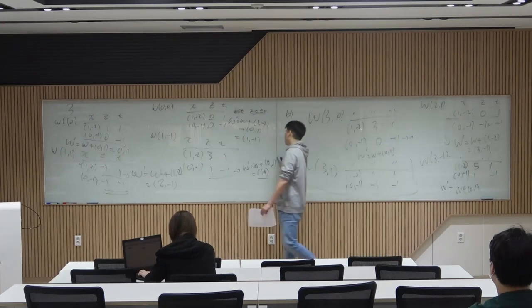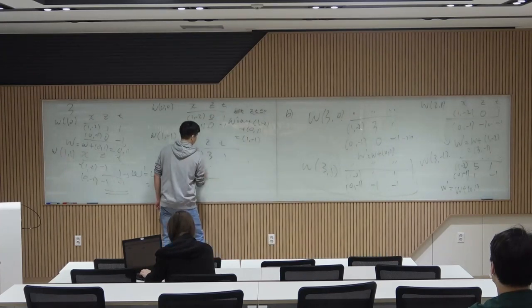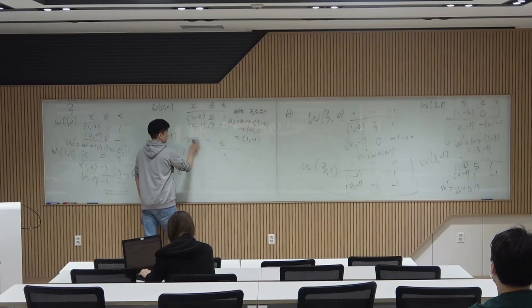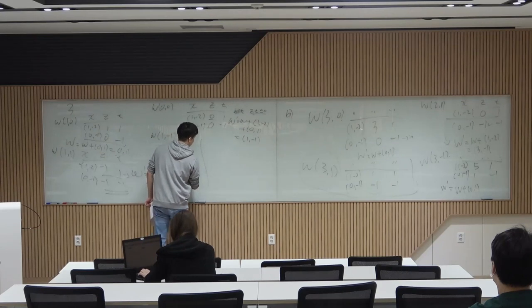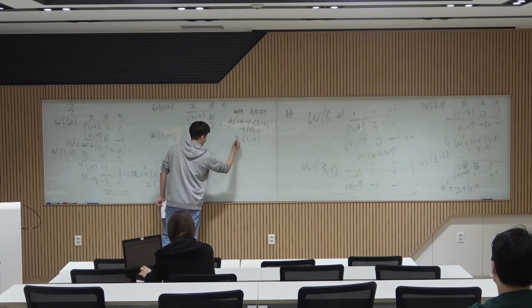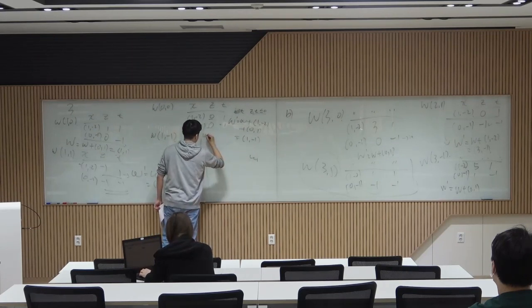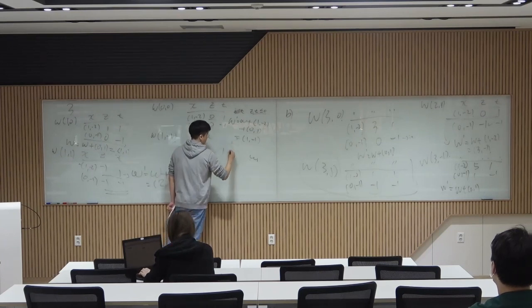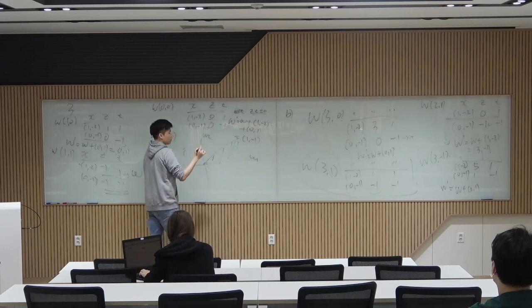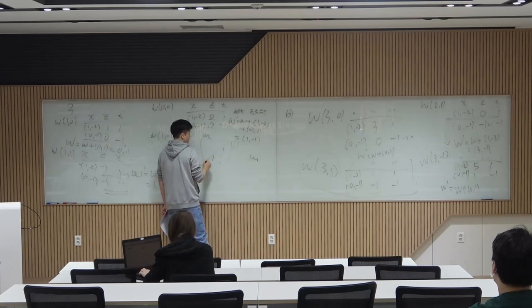So let's go back to the 3a, where we draw the weight space, okay? As I mentioned earlier, the weight space looks like this, and the weight space is here. We want a weight in this region.